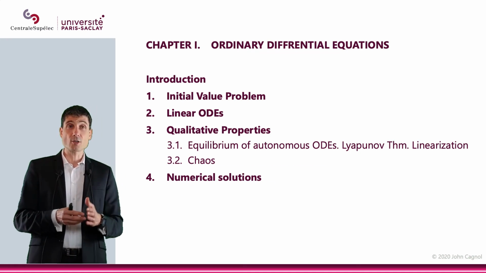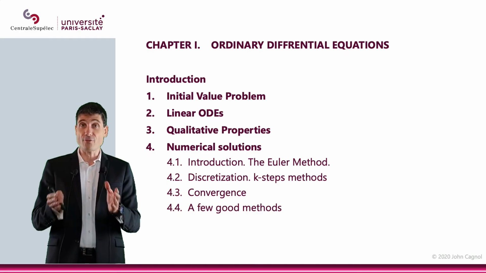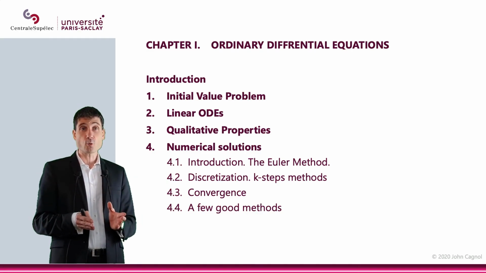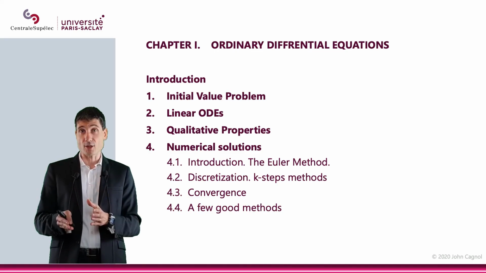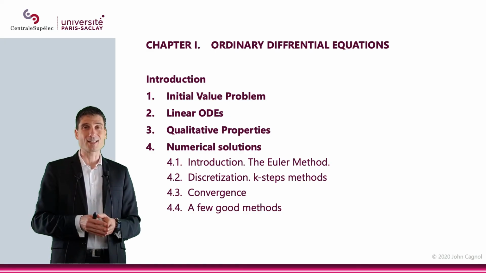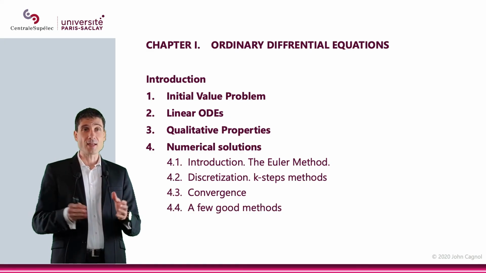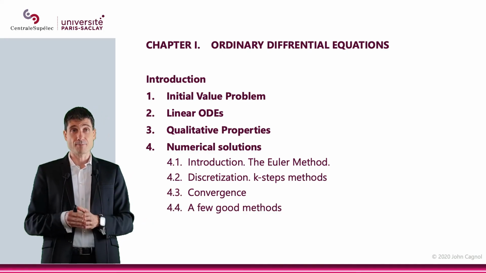After which we'll move on to section 4, that will be about numerical solutions, and there will be 4 videos in this section. The first one will be the Euler method, which will allow us to introduce that problem of finding numerical approximations to ODEs with an initial condition, also known as IVP. Then we will discuss discretization and k-step methods.